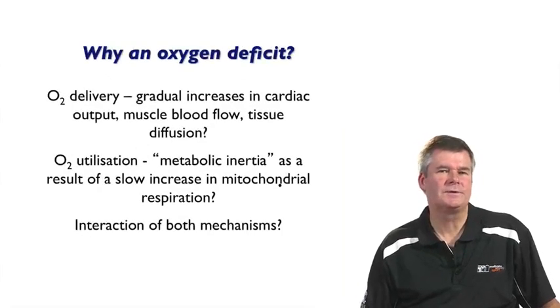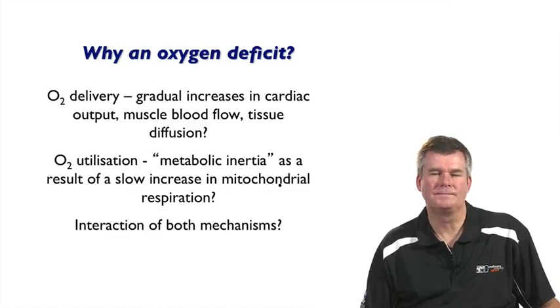There's been some interest in trying to understand why there's an oxygen deficit. You could imagine that it might be due to a lag in oxygen delivery. It takes some time for the cardiac output, for the muscle blood flow to increase, and for the oxygen to diffuse into the skeletal muscle tissue. Alternatively, oxygen delivery might increase quite quickly, and the lag might be due to sluggishness in mitochondrial respiration.